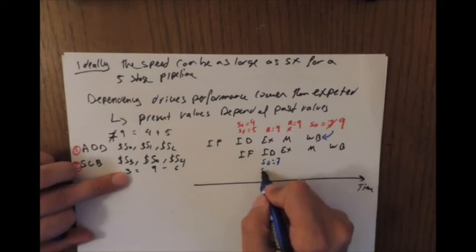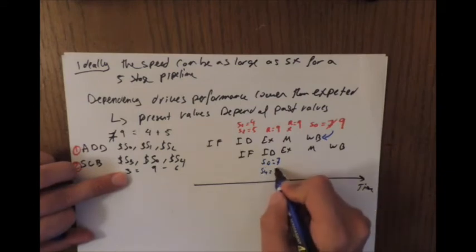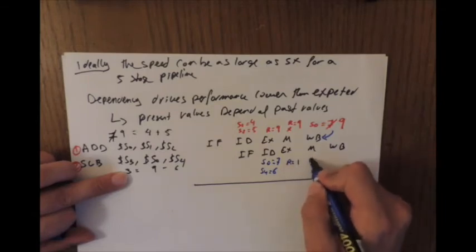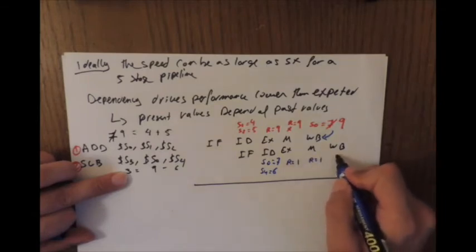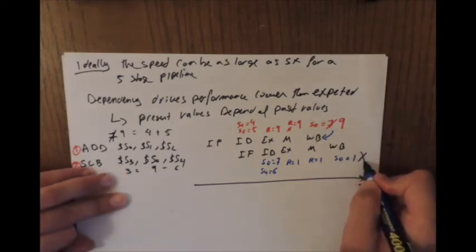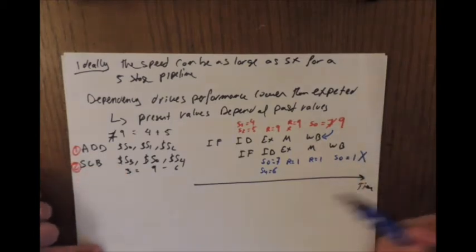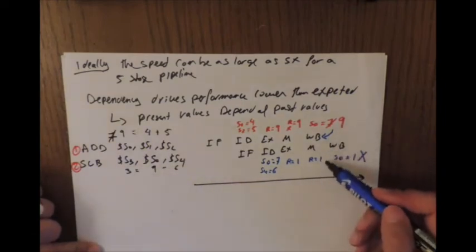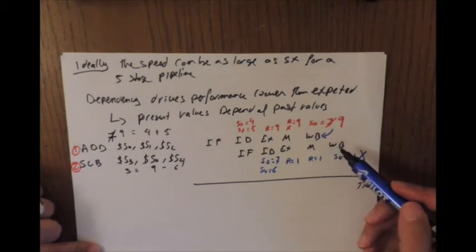And S4 is equal to 6. Now the result will be equal to 1. The result stays here equal to 1. And then I have S0 is equal to 1, which is the wrong answer. So you see, when we have a dependency, then the pipelining fails to operate correctly.